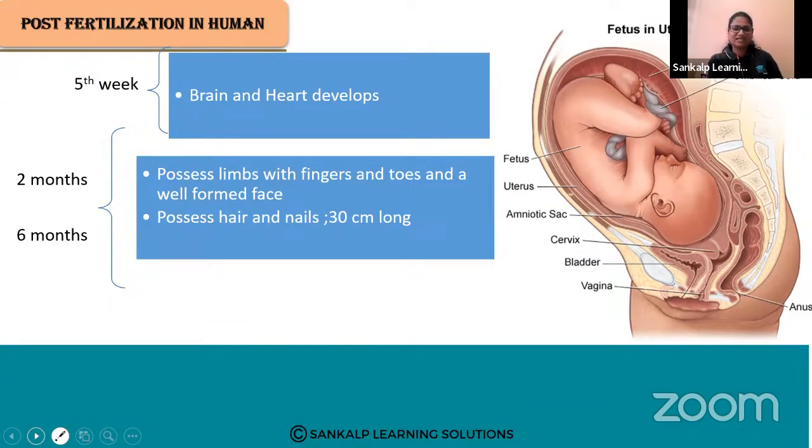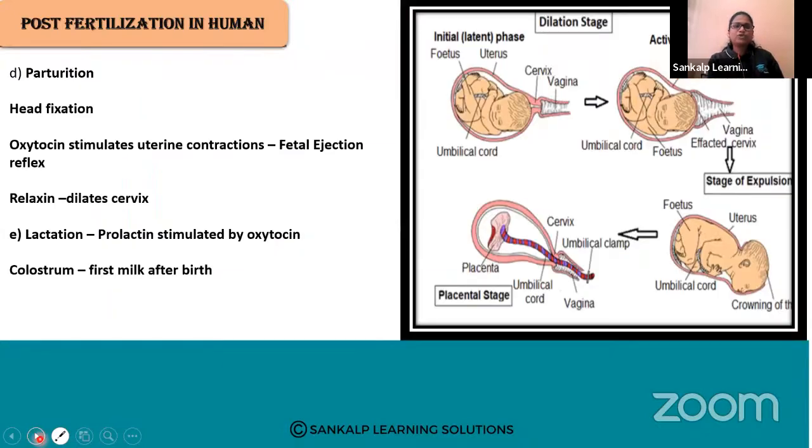At 6 months, then parturition happens: head fixation, oxytocin stimulates uterine contraction, the fetal ejection reflex. Relaxin widens the cervix so that the baby will come out. Then lactation: prolactin, colostrum, the first milk after birth. Okay, fine. So here the right answer is option C, oxytocin and vasopressin.